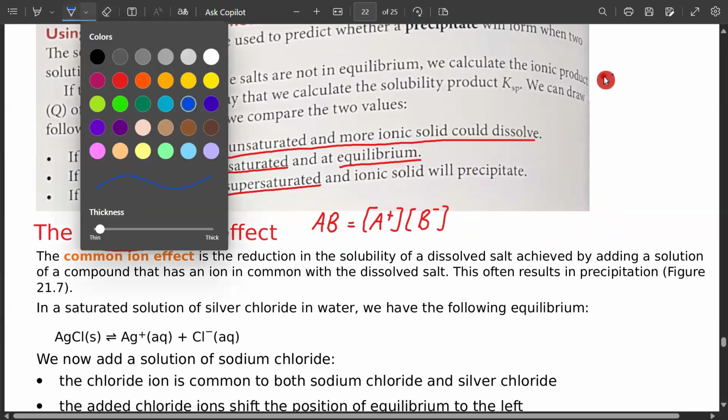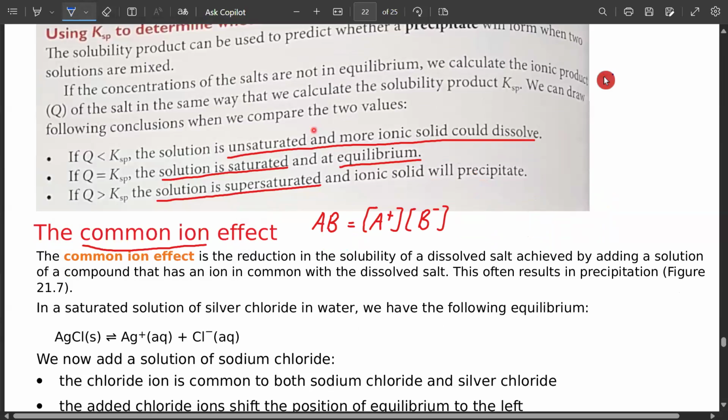Now, if you want to increase the value of any one of these two, you can simply add another compound. I'm adding a compound CB. This other ionic compound contains the same B ion as that in AB.